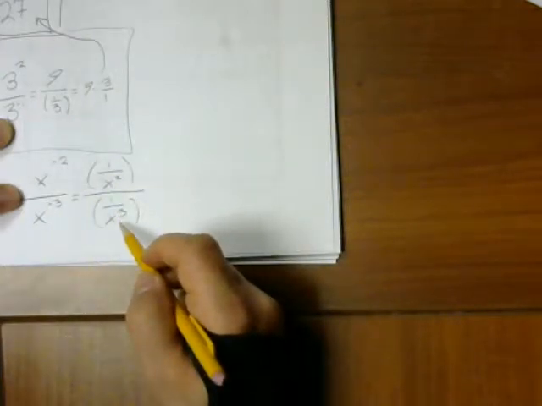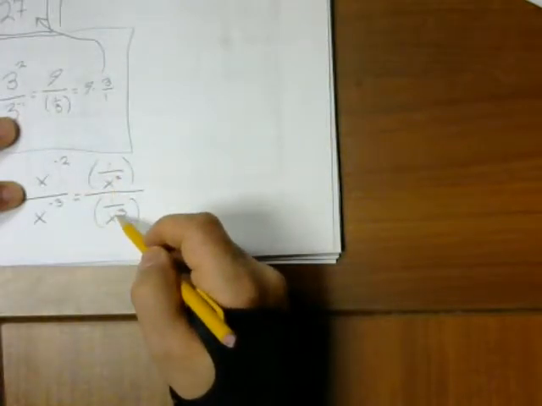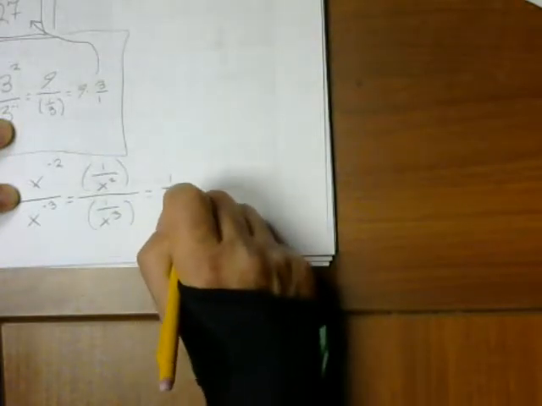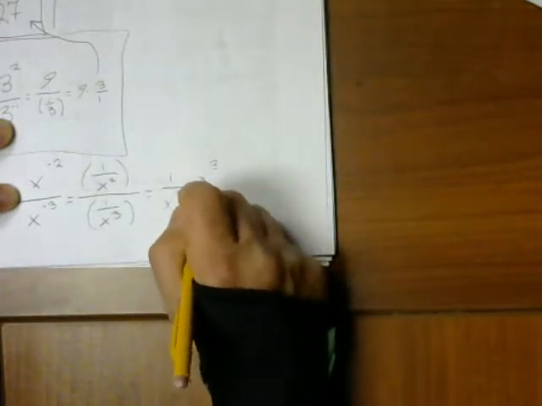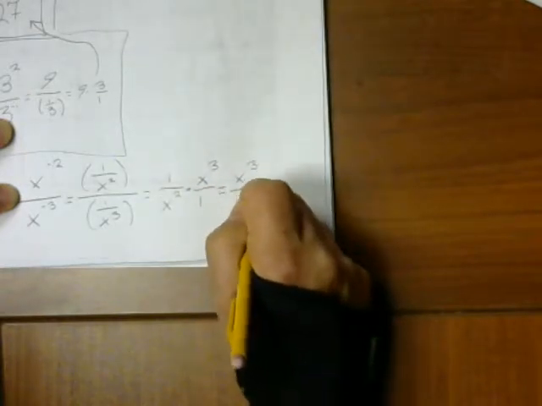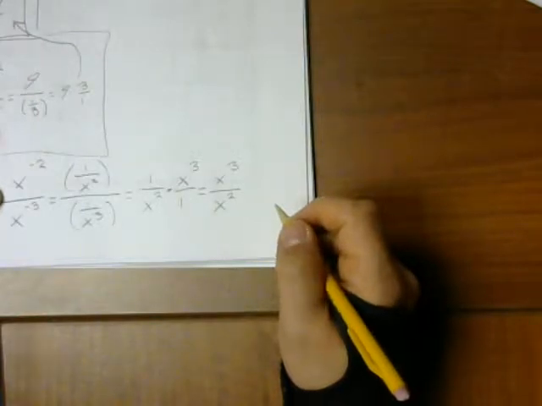Okay, well, what could we do here? Well, I have a fraction divided by a fraction, so I flip the second fraction and I multiply. 1 over x squared times x cubed over 1, which gives me x cubed over x squared. Well, now I've gotten rid of the negatives.